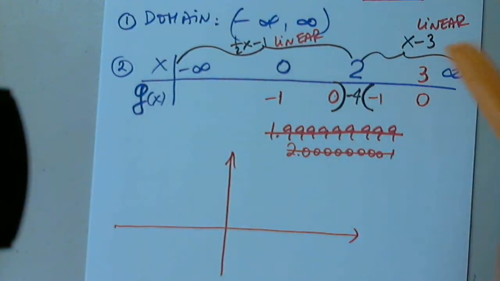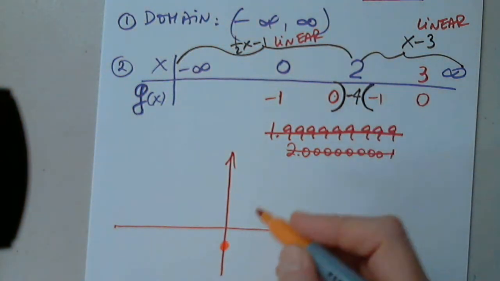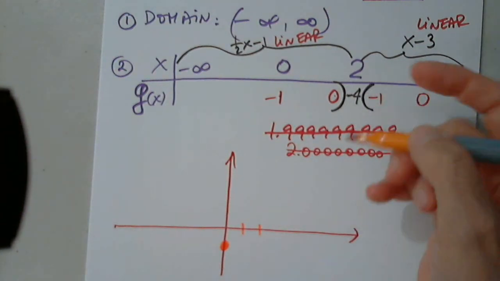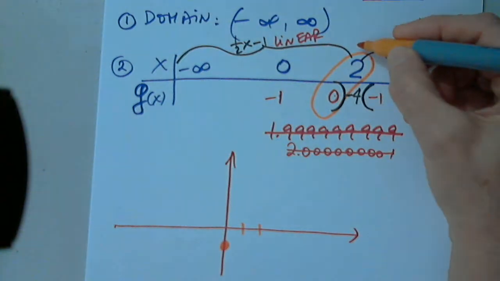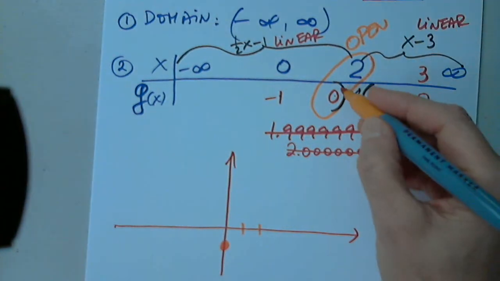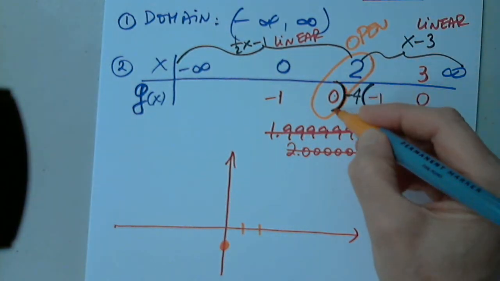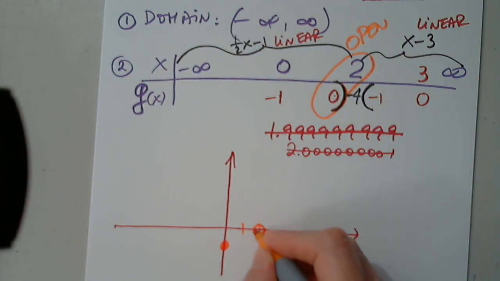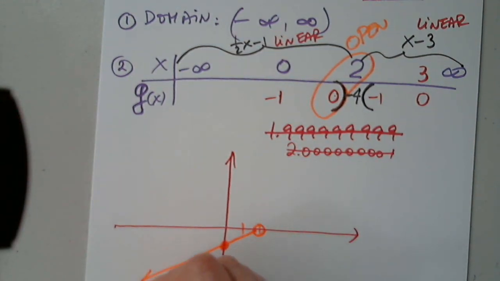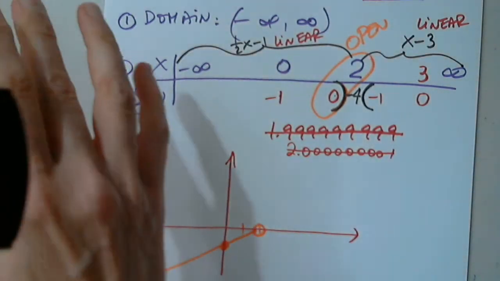Okay. 0, -1. 2, 0. Is this a full point or an open point? Open. Very good. Why is it open? Because there is a parenthesis here. So 2, 0 will be this. I'm connecting and extending, and I'm done with the left branch.